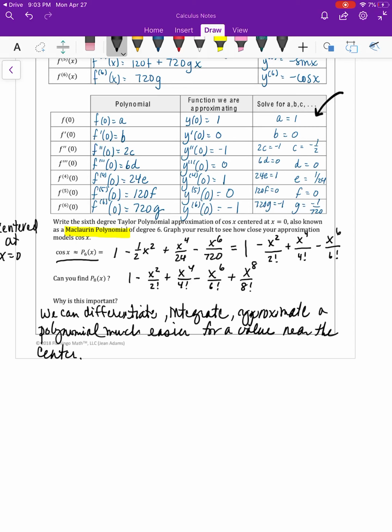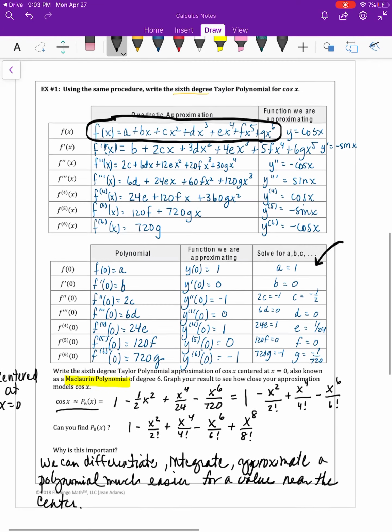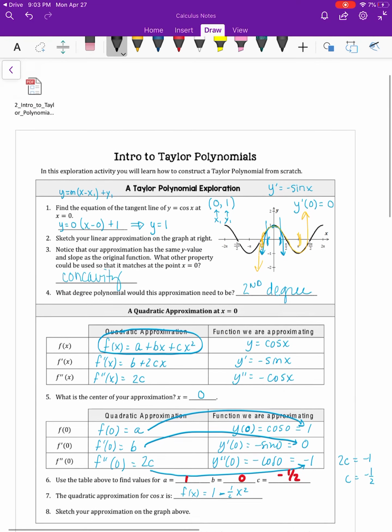This one is cosine, but we're going to do it with all these other functions also. You're going to be able to use that polynomial to approximate values close to that center, okay?